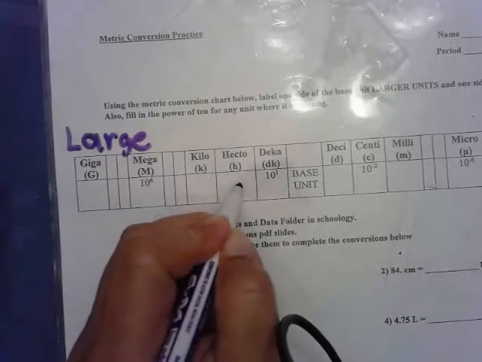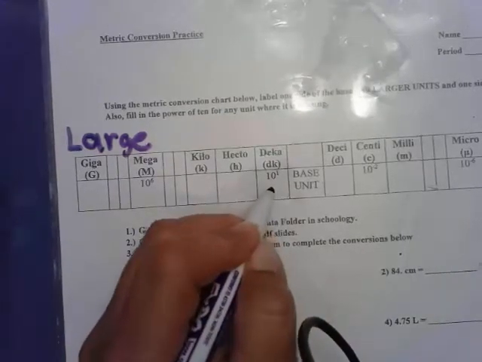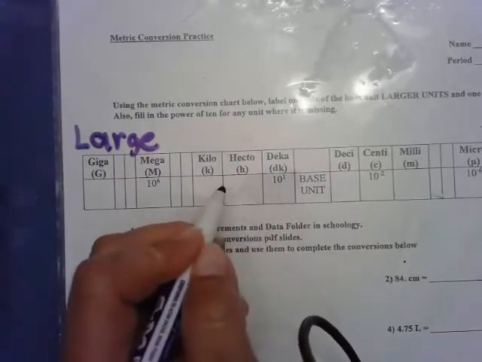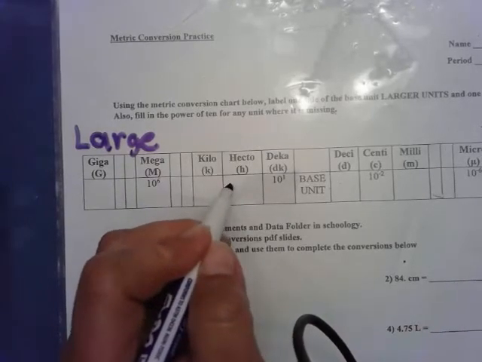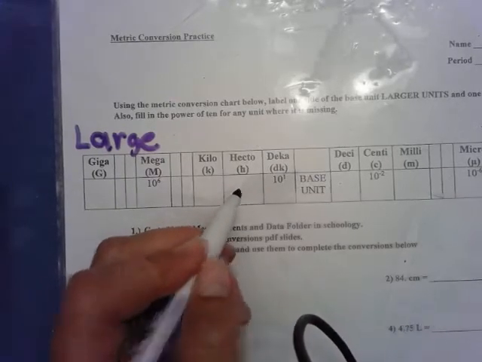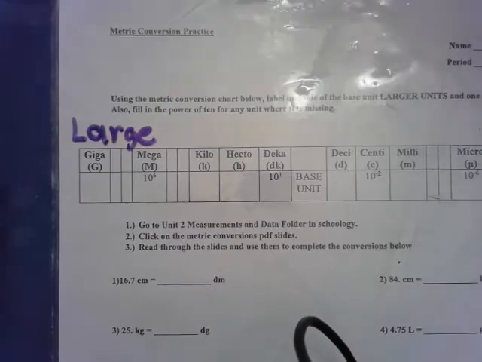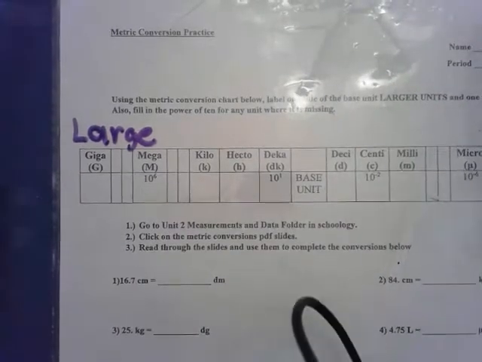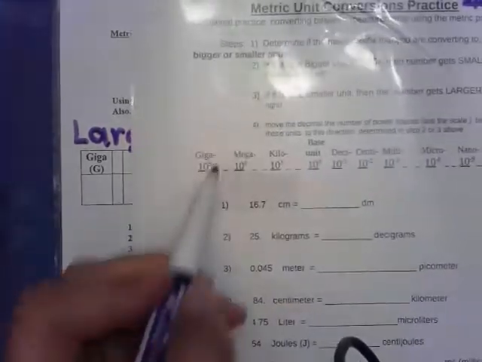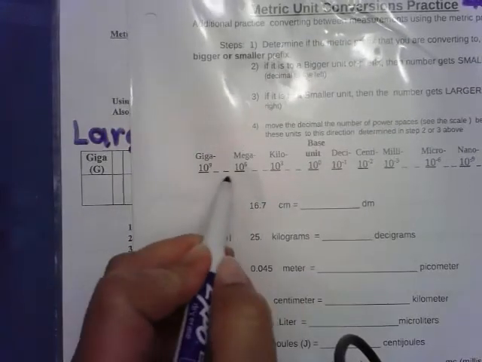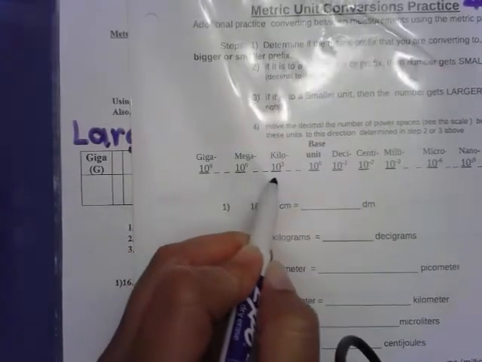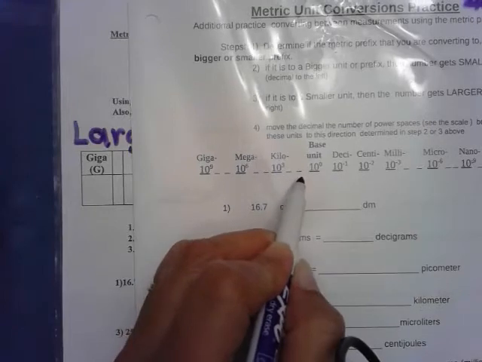Then there's hecta and deca. I'm not going to really use them on my worksheets, but I know you've seen that before in previous courses with science teachers in junior high. So it's a lot like this scale. We have giga, do 2 lines to mega, 2 lines to kilo. Here's hecta and deca.